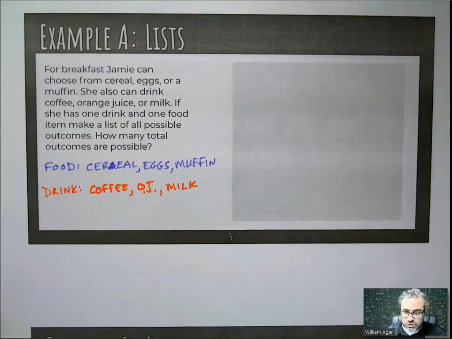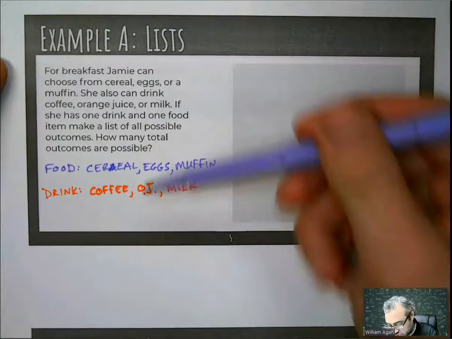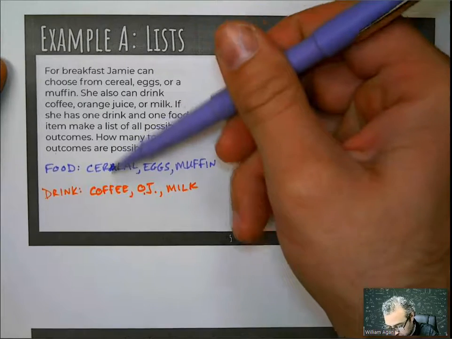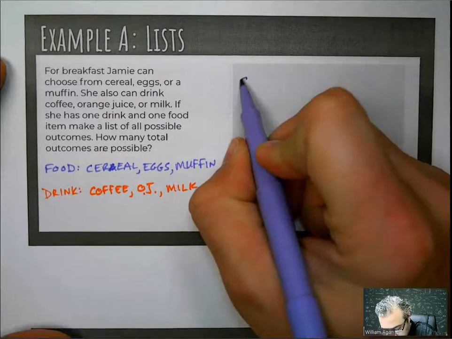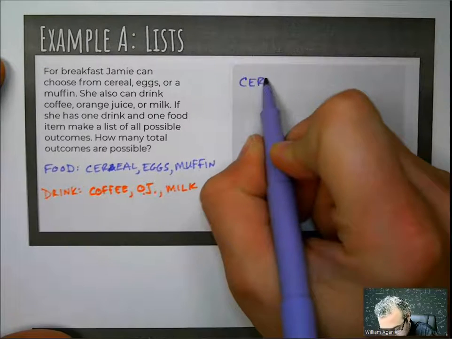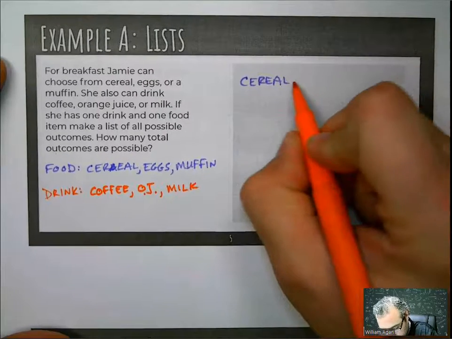Okay, so to show all the possible combinations in a list, I'm just going to start with cereal, and then I'm going to put cereal with each one of the drinks. So she could have cereal with coffee.